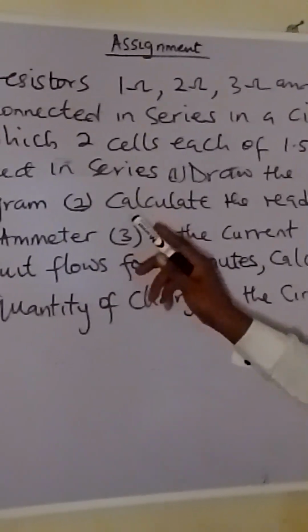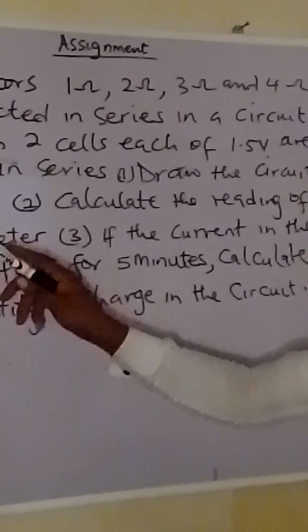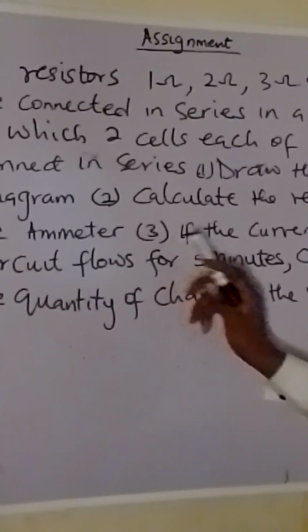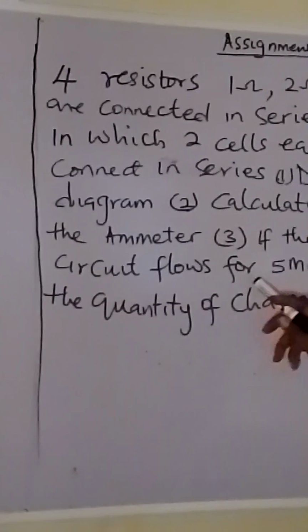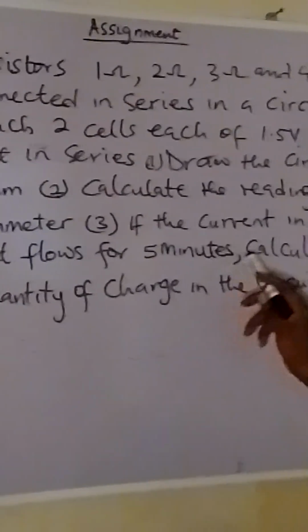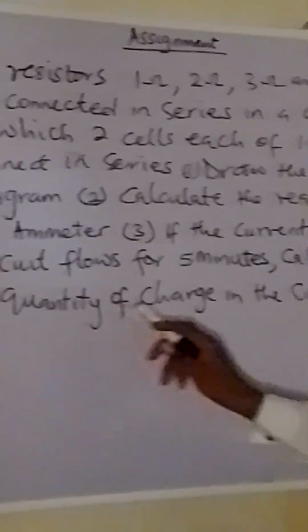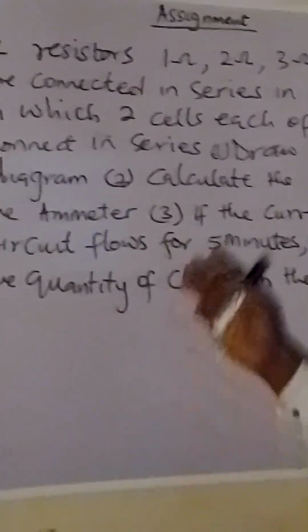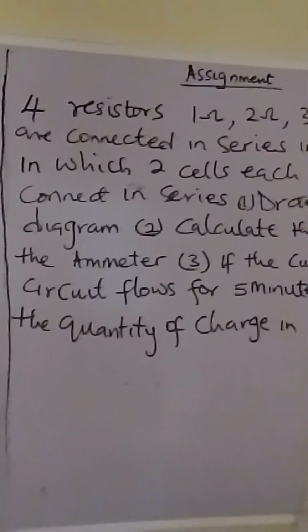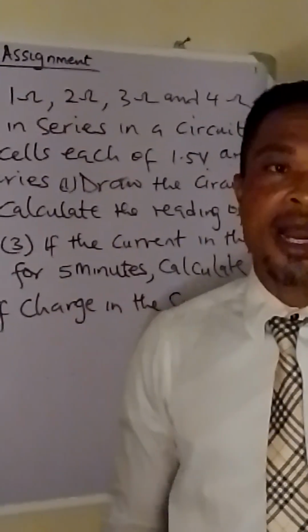The second question is, calculate the reading of the ammeter. The third question is, if the current in the circuit flows for 5 minutes, calculate the quantity of charge in the circuit.